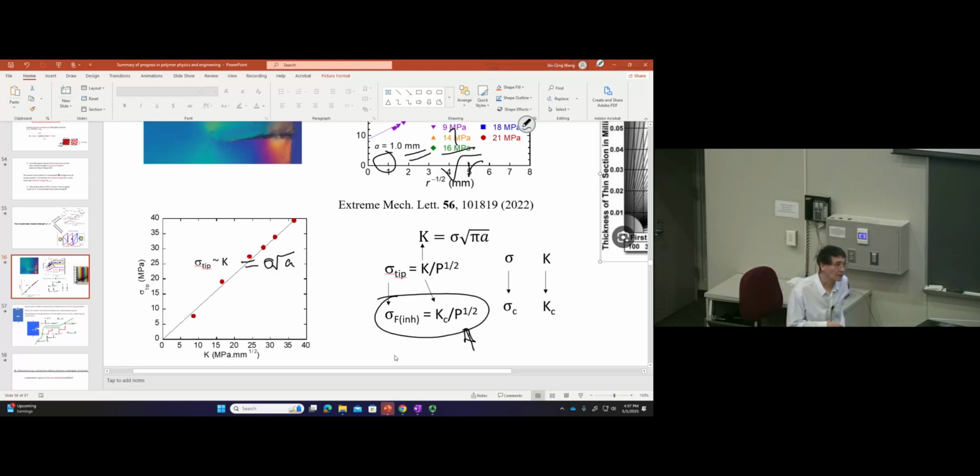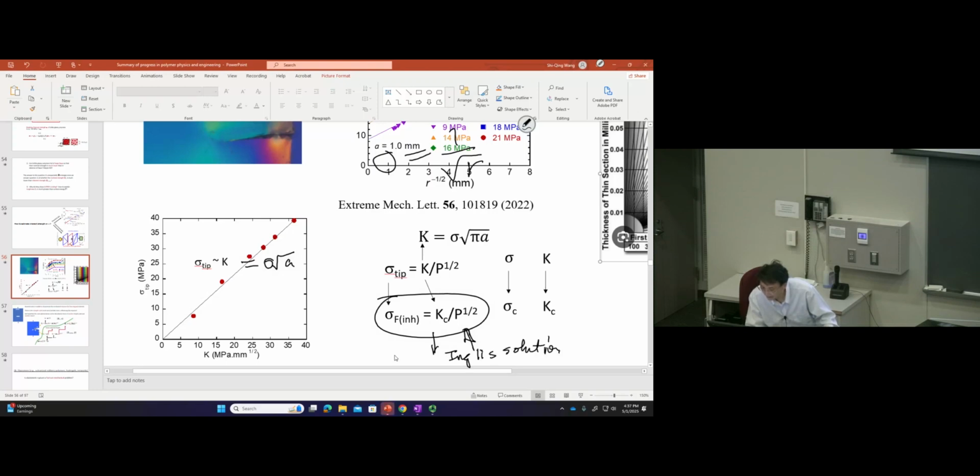Remember, I once told you there is an operational definition of Kc versus a materialistic definition of Kc. We first saw it in experiment. And then you are reminded this result directly pops out of the Inglis solution.